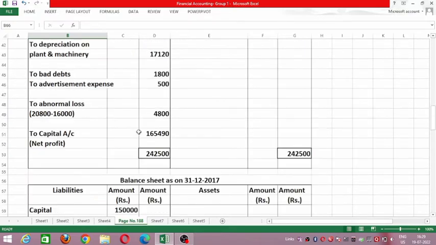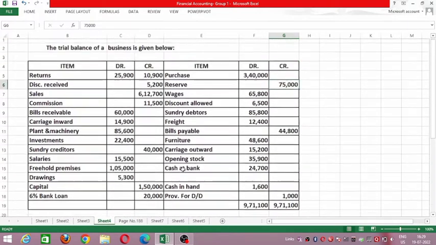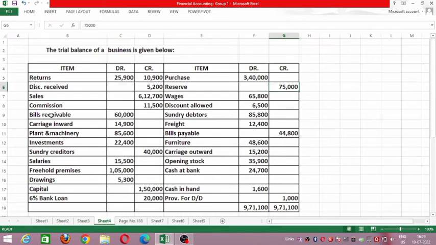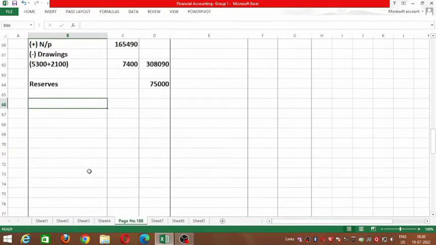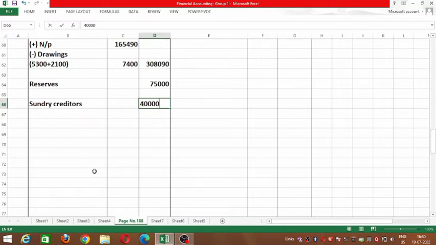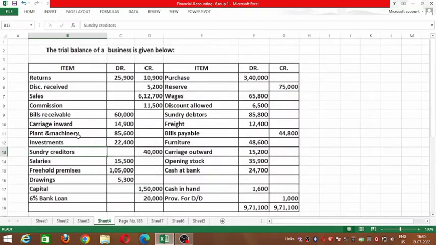One by one we will see. Sundry creditors 40,000. Bills payable 44,800.